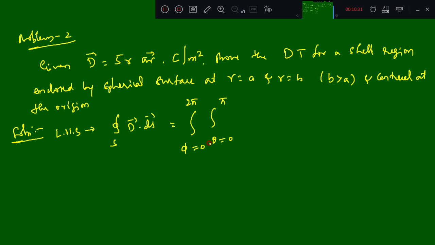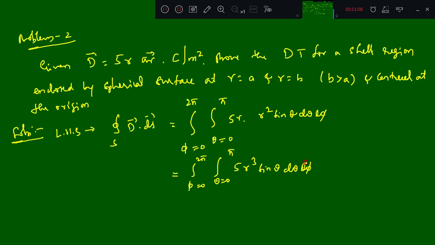We have the D_r value, which is 5r, multiplied by dS. dS is r square sin theta d theta d phi. So r into r square is r cube. So phi is 0 to 2 pi, theta ranges from 0 to pi, 5 r cube sin theta d theta d phi. Okay, so this is the given value.